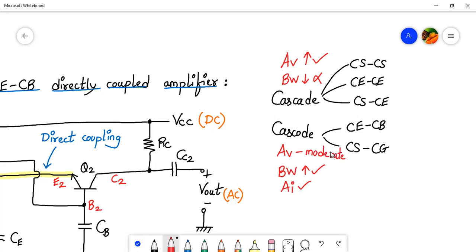Also, one more difference between cascade and cascode is that in case of cascade, the stages are connected in series.